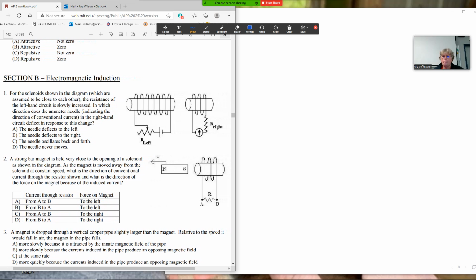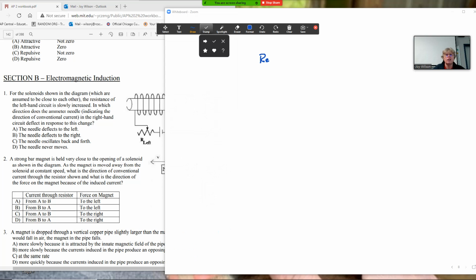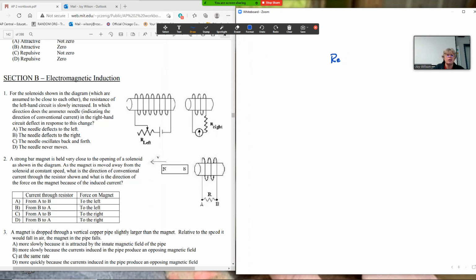Okay? So on number 1, they tell us the solenoids, which are assumed to be close to each other, so they're close enough to feel one another. The resistance in the left-hand circuit is increased. Hang on just a second. I want you to be able to see both. Clear.